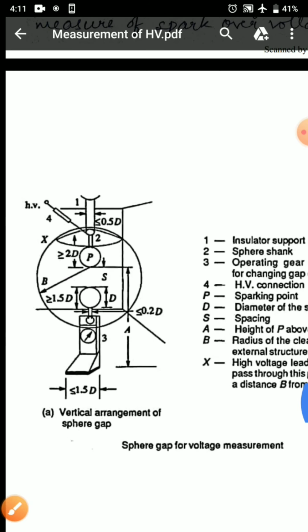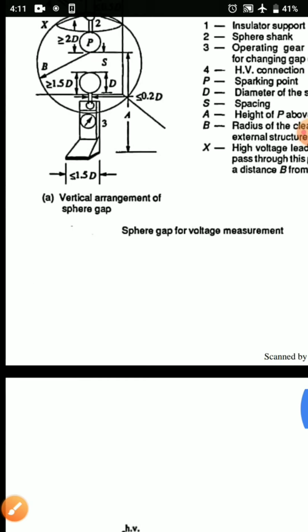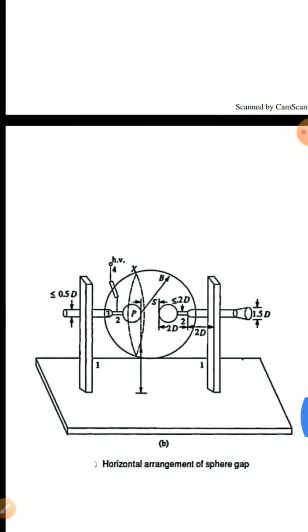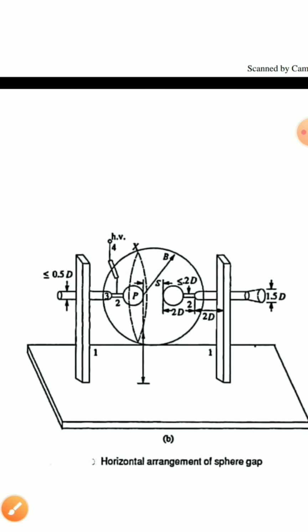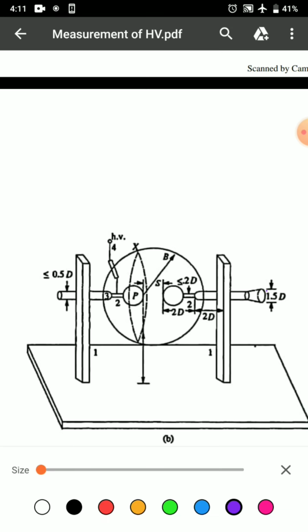This is the vertical arrangement of the sphere gap, and this is the horizontal arrangement of the sphere gap, where both the terminals can be connected to a voltage source, or one to a voltage source and another can be grounded.